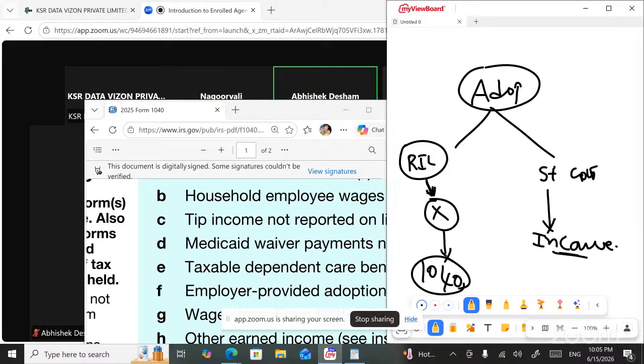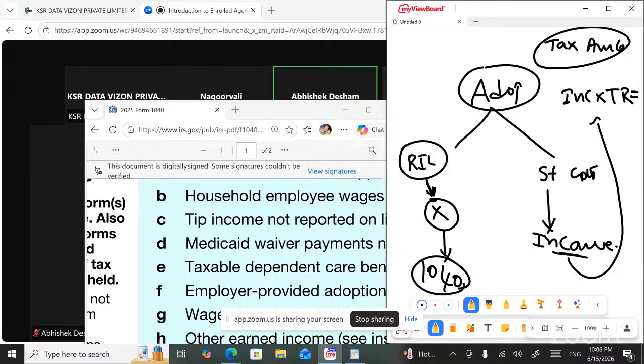Once income is calculated, then we have to calculate the tax amount. Income into tax rate is the total tax amount. Once the tax amount is calculated, the entire tax amount need not be paid to the government.